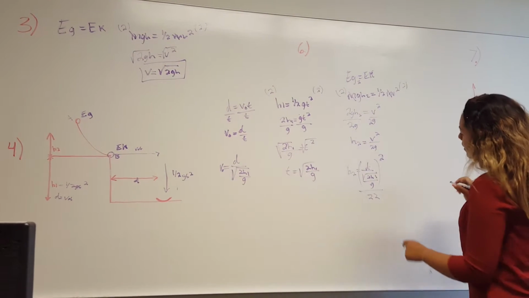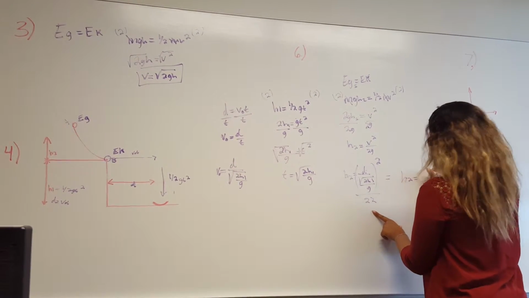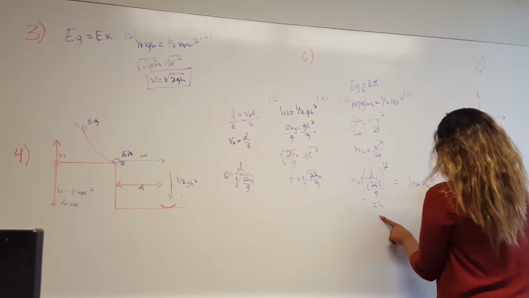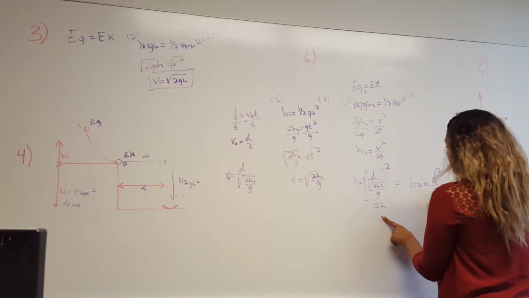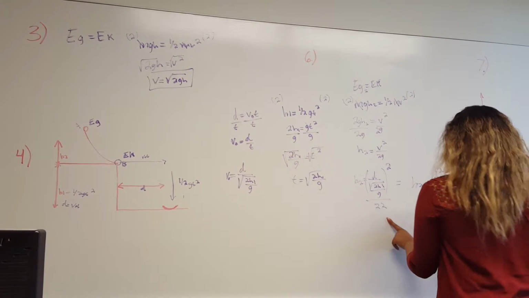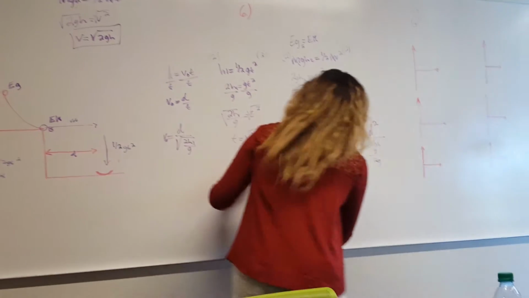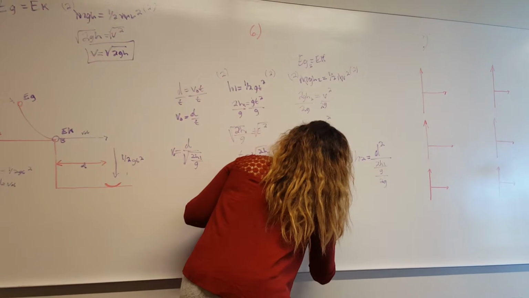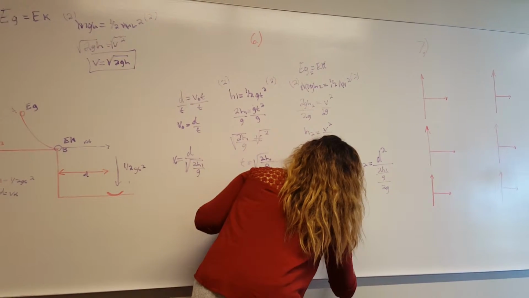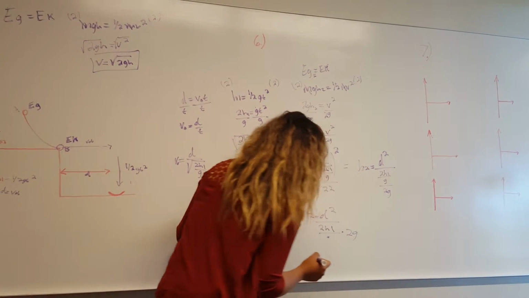So then you will get H2 equals D squared over 2H1 over g, over 2g.